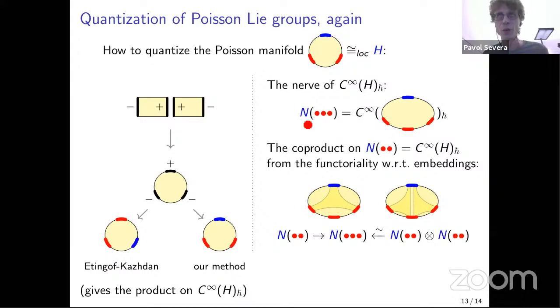And so this is how our nerve actually appears. So our Hopf algebra is supposed to be this quantized algebra of functions on H. A nerve of any number of dots will be this quantization of this kind of moduli space with several dots. So that's roughly what's happening here.